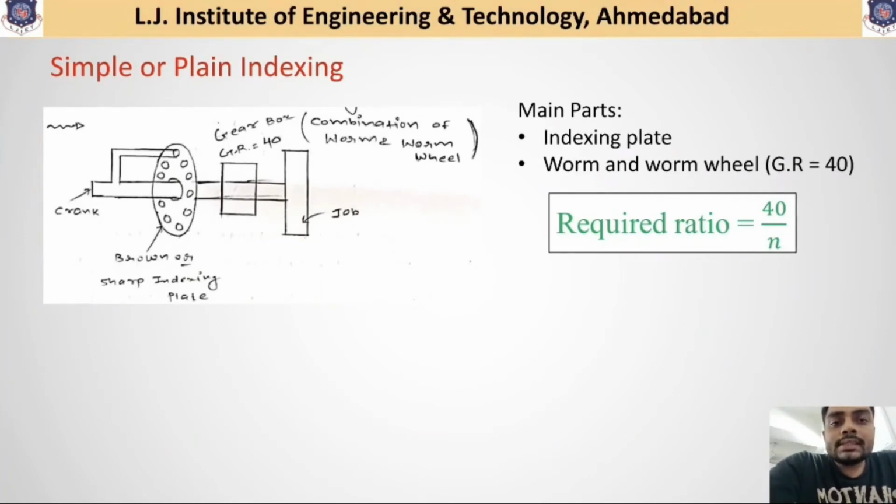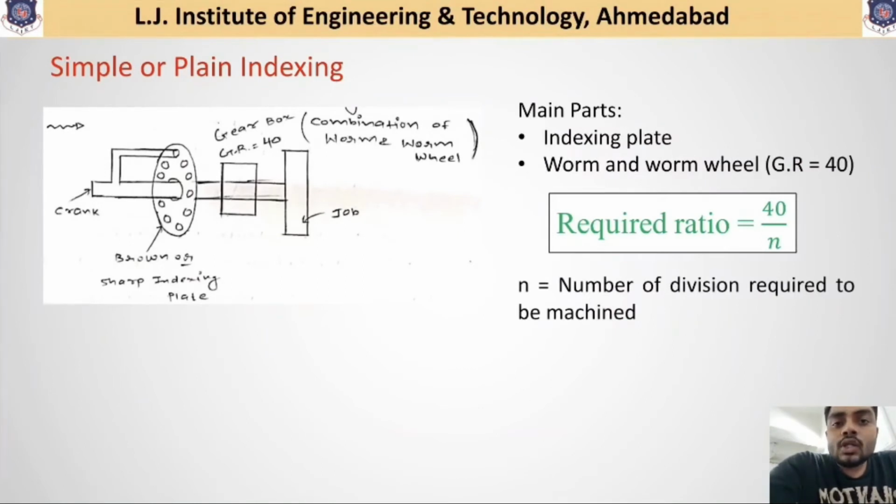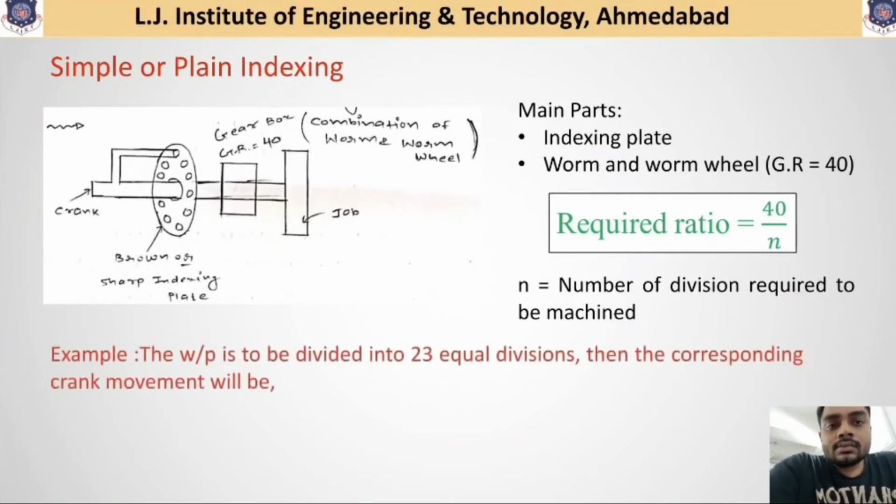To understand this, this small n is nothing but the number of divisions required to be machined. That means if one wants to generate 23 holes on the workpiece, this n is nothing but the required number of slots or divisions on the workpiece. So let us take an example for this also.